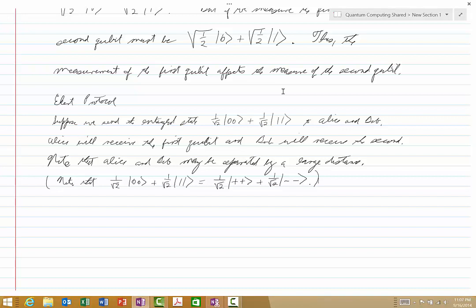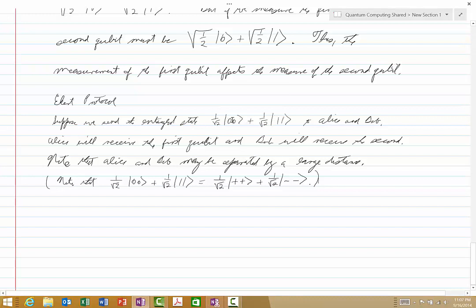And on those cases where they used a different measurement basis, they will discard those cases, similar to what is done in the BB84 protocol. But the thing that makes this work is the fact that this state is entangled.